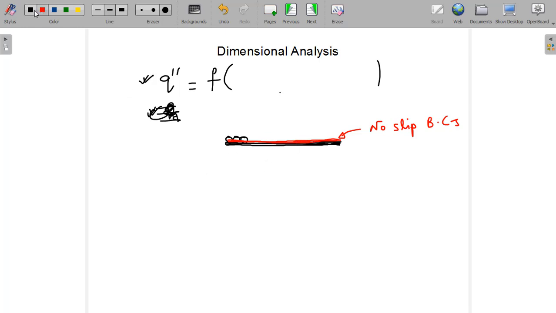Now the heat that is transferred from the hot plate, which is at a temperature say T wall, to the bulk fluid, definitely has to be transferred through this layer of fluid which is at rest.